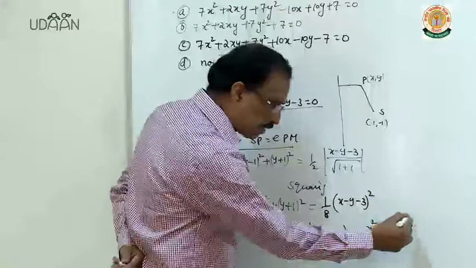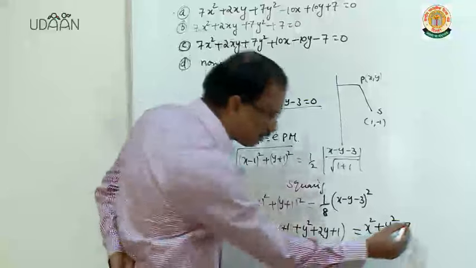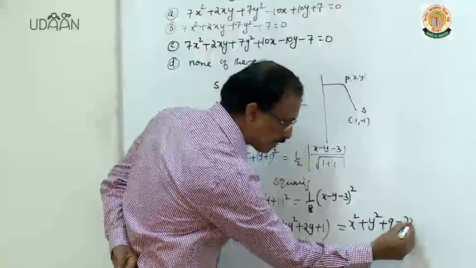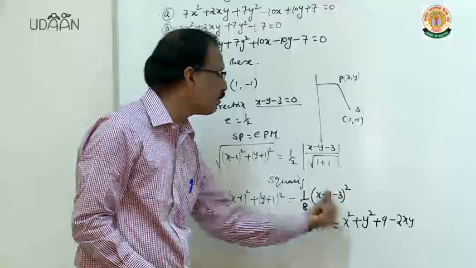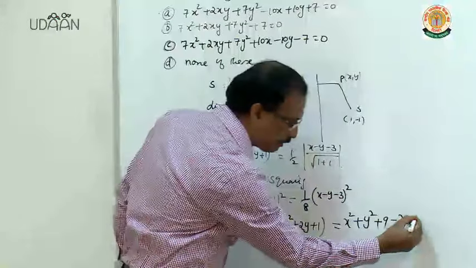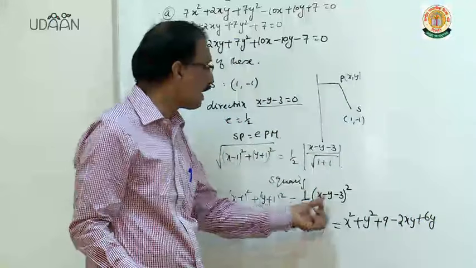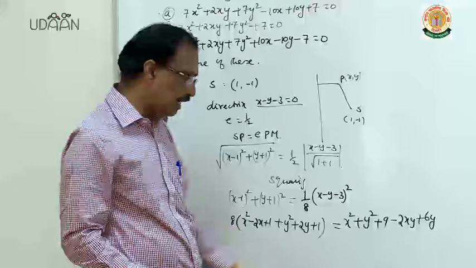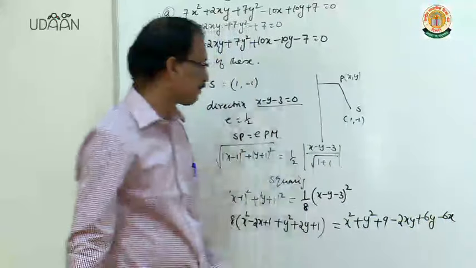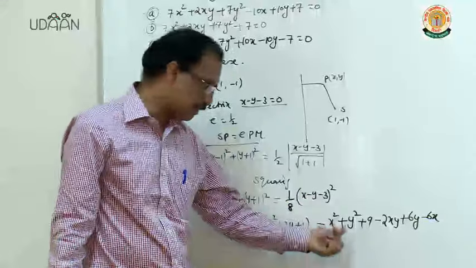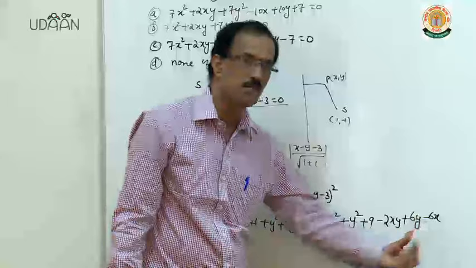A square plus b square plus c square, then 2ab, but here in between is minus, so minus 2xy. And 2bc, both being negative, so plus 6y, and x and 3, that is 2ac, gives minus 6x. So a square plus b square plus c square plus 2ab plus 2bc plus 2ca.